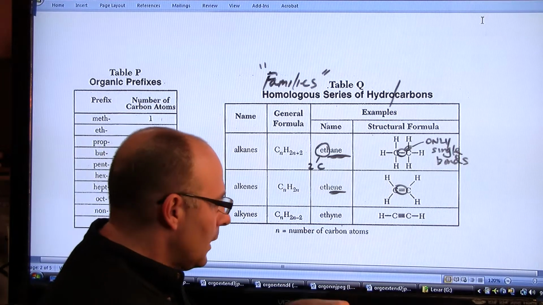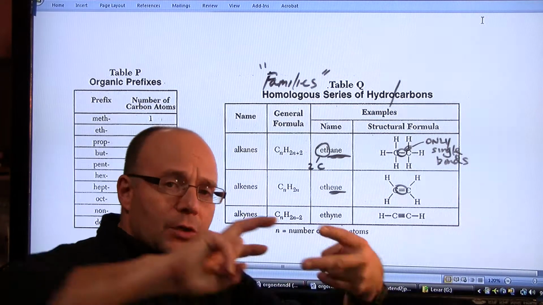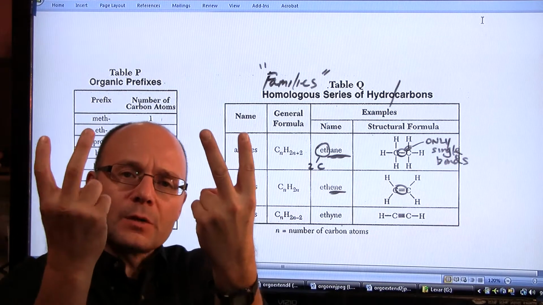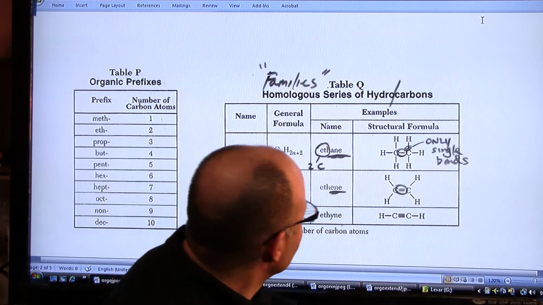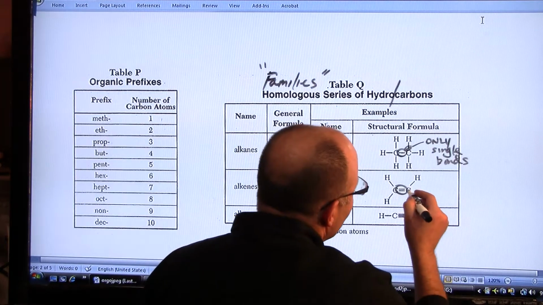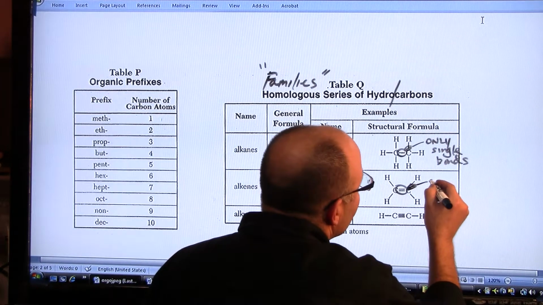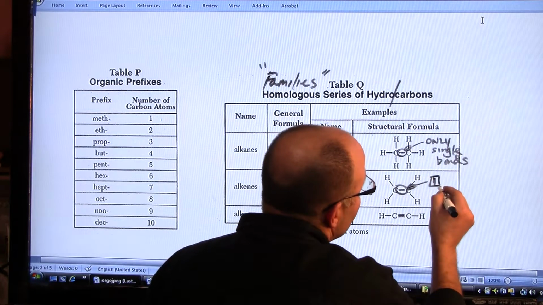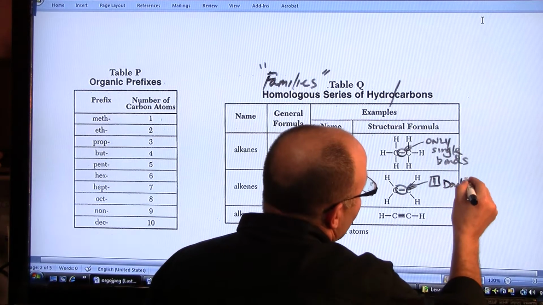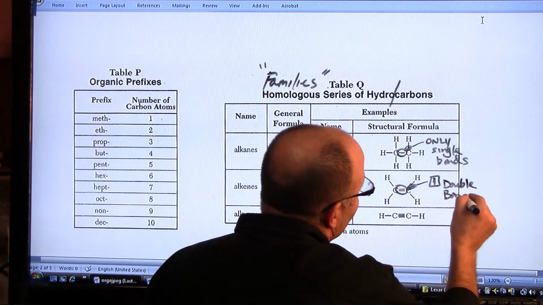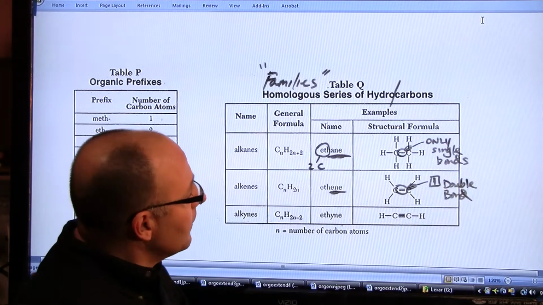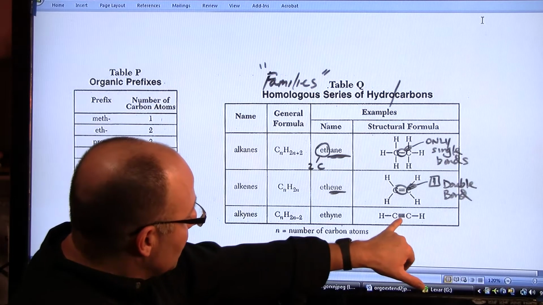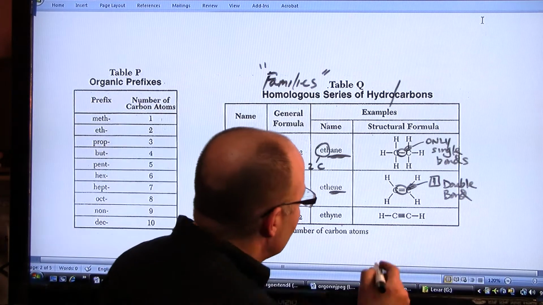And that is 2 pairs of electrons that are being shared, giving us 4 electrons in total. All right, so alkenes have only one double bond. The rest of them will be single. And then after that, the alkynes, these 3 lines here, refer to a triple bond.